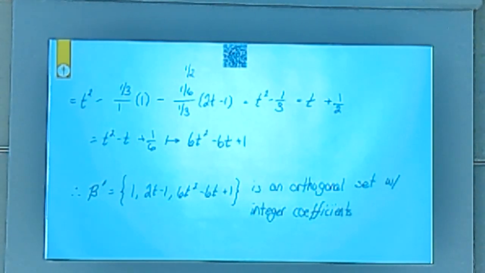There's our orthogonal set with integer coefficients, which also happens to be an orthogonal basis, with integer coefficients, because we use the basis.